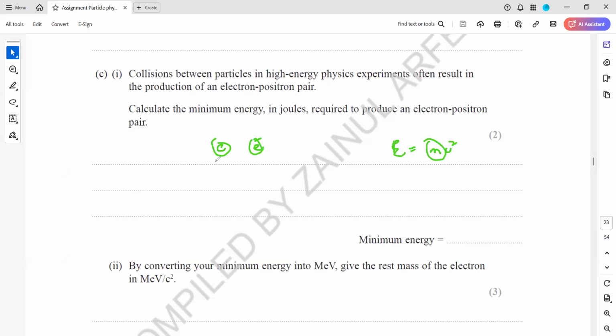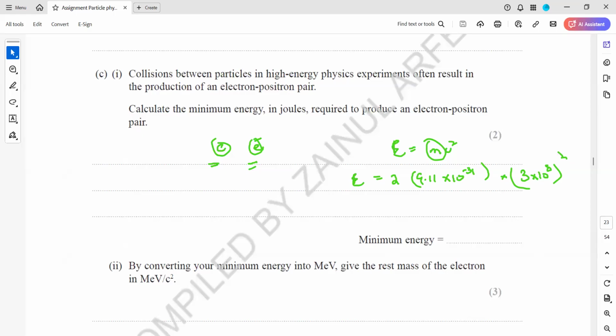I want to produce two masses. The mass of an electron and a positron is the same, as they are antiparticles. So that is 9.11 times 10 to the power minus 31 kg. But I want to produce two of them, so this should be multiplied by 2. And then the speed of light, 3 times 10 to the power 8, squared. So I will know the minimum energy I need to produce these.